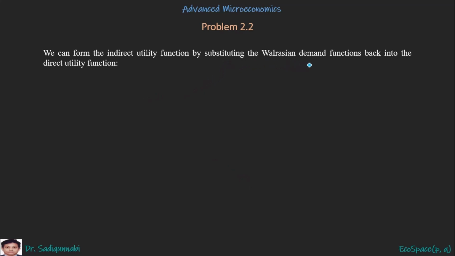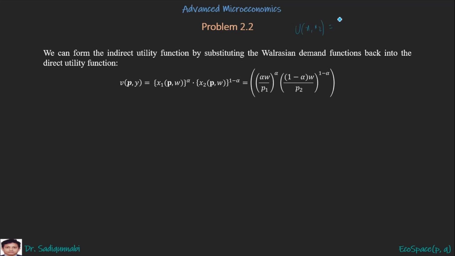So our direct utility function was u(x1, x2) equals x1 to the alpha and x2 to the 1 minus alpha.